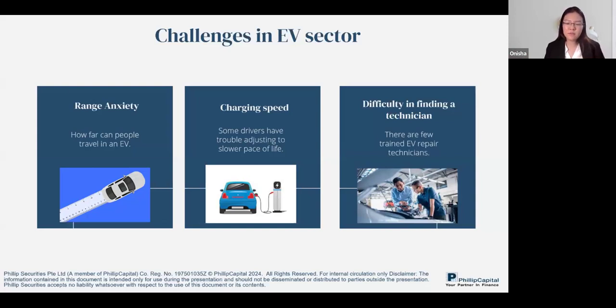That's why the EV industry is still considered quite small, and there are relatively fewer trained EV repair technicians. So there are even fewer qualified independent shops for us to choose from, which means most EV owners will need to rely on their EV dealer for service. For example, if I have a Tesla EV, I need to go to a Tesla service center. I can't go to other independent shops, even qualified ones, because there are not many independent EV shops outside.